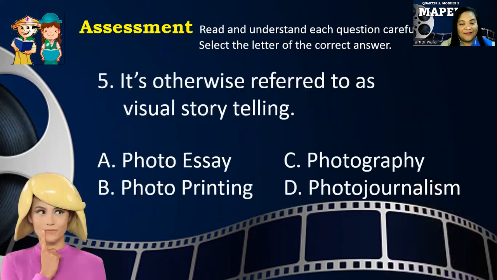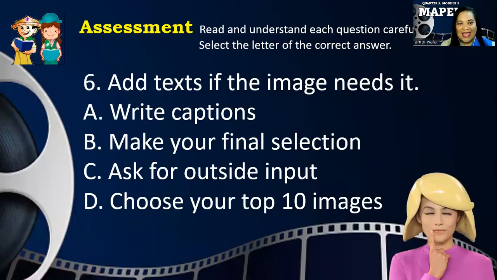Number 5. It's otherwise referred to as visual storytelling. What is your answer? Photo essay? Or maybe photo printing? Or photography? Or photojournalism? Yes, it's letter A. And number 6.